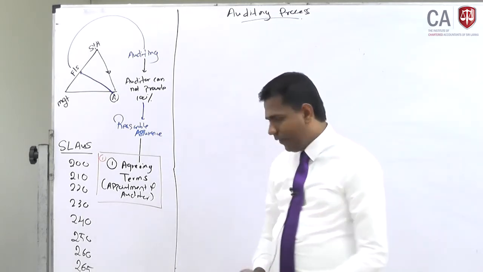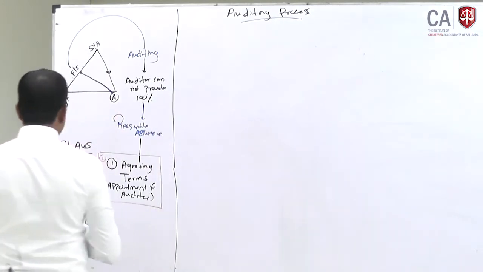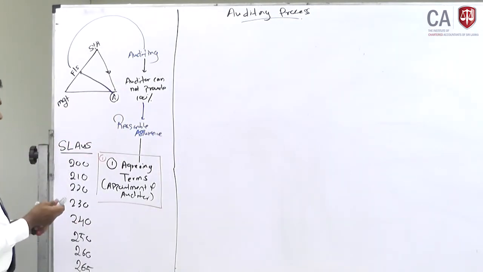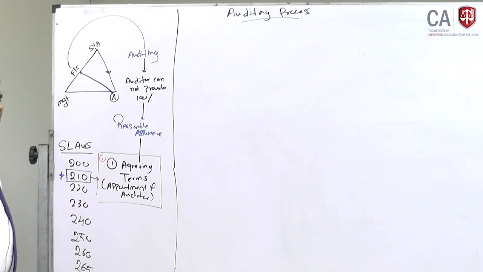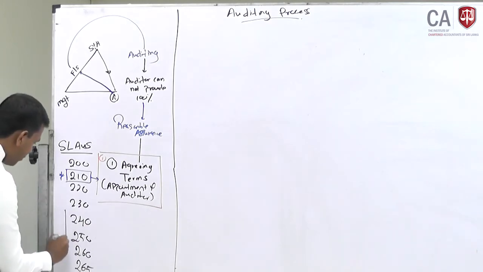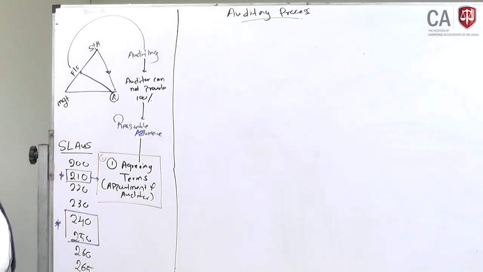Clear? Out of that, these standards are very, very important. So this we will be discussing. One is 210, which is this. We will cover it in our next webinar series. And 240 and 250 are the next important webinar, that is fraud and compliance with laws and regulations.